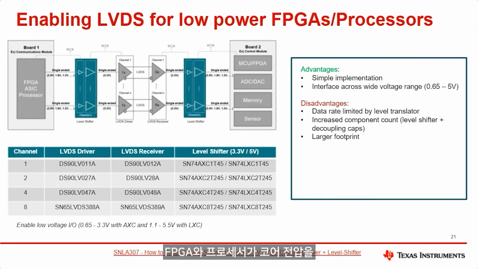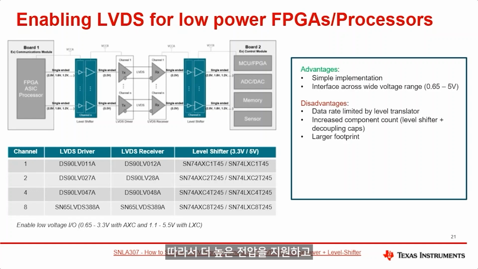It's very consistent throughout the market that FPGAs and processors are scaling back their core voltages, and with that, they're scaling back their I/O voltages. And so instead of natively supporting 3.3 volts, now the I/O voltages are dropping to 2.5, 1.8, and even as low as 1.2 volts.